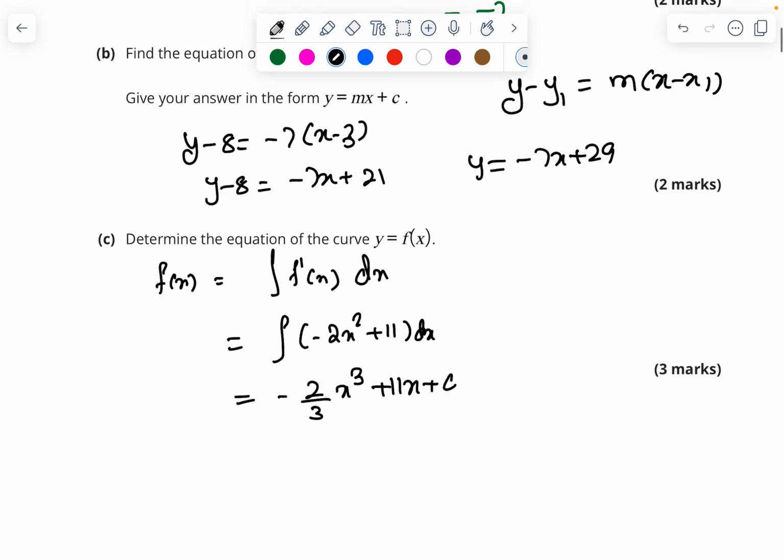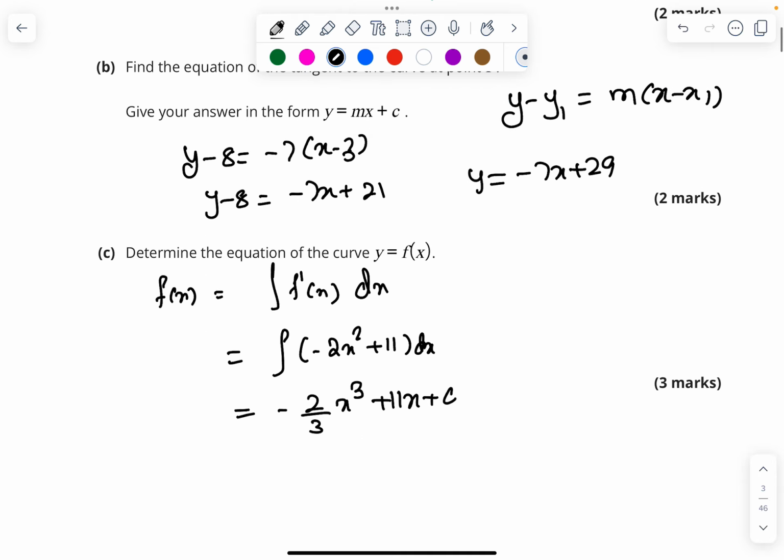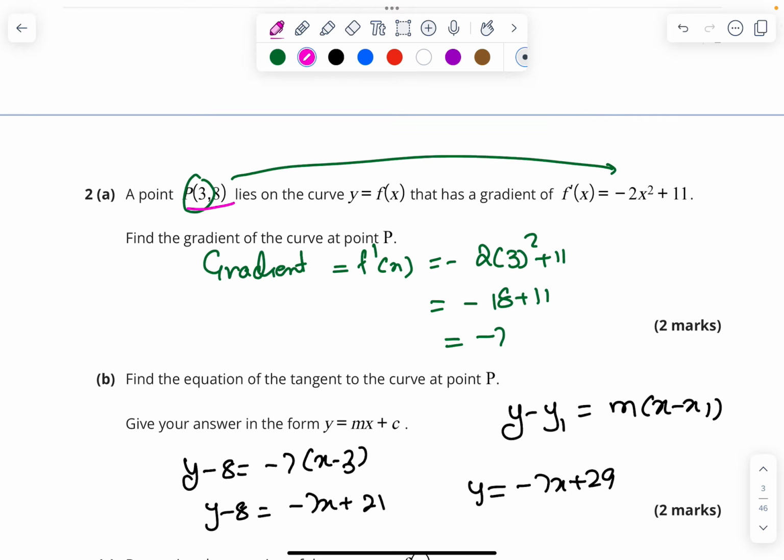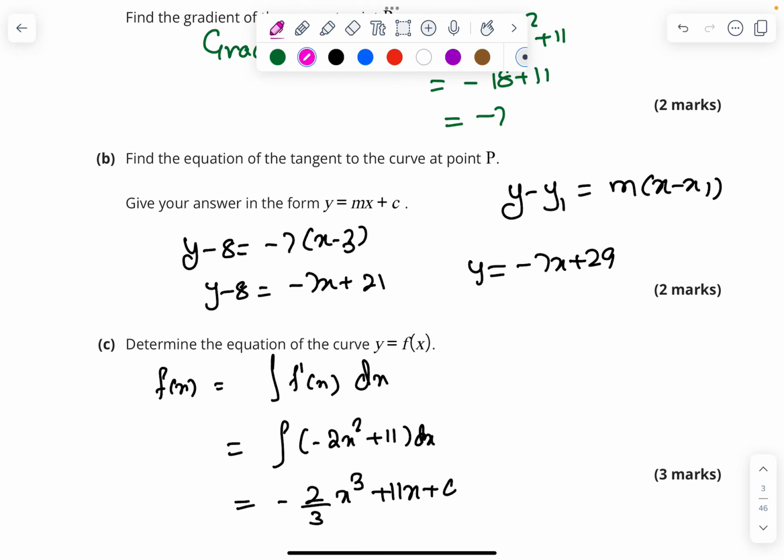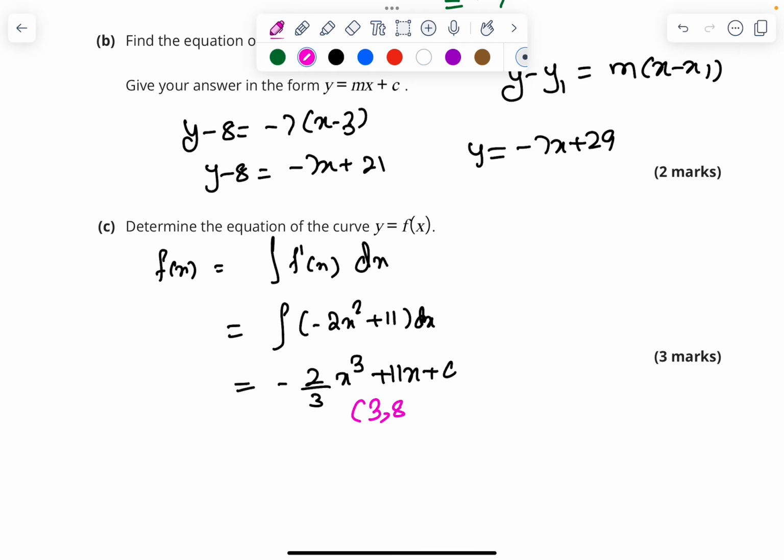plus c. But it passes through which point? The point has been given as (3, 8). It passes through (3, 8). So what does that become? 8 equals minus 2 upon 3 times 3 cubed plus 11 times 3 plus c.